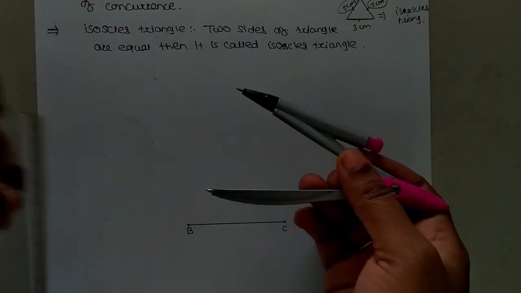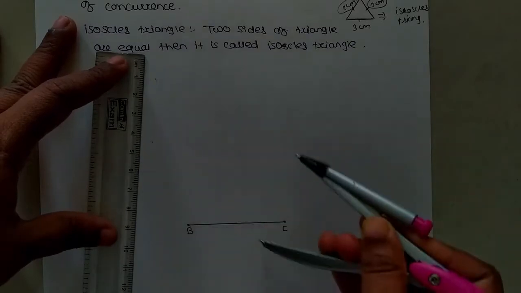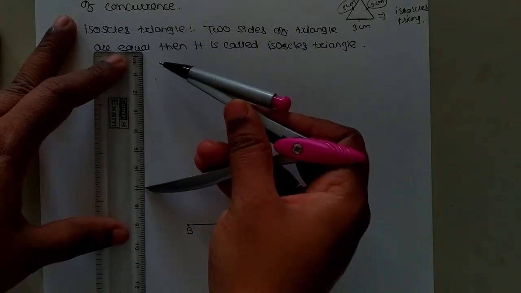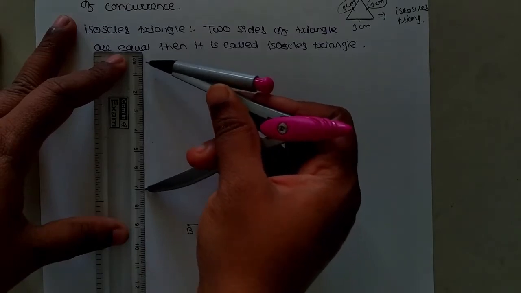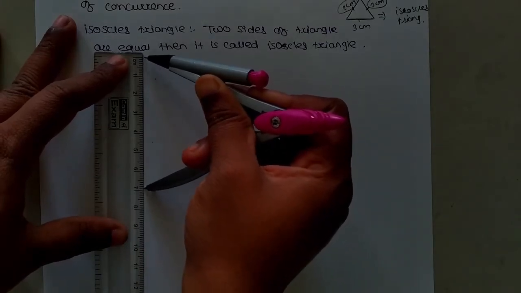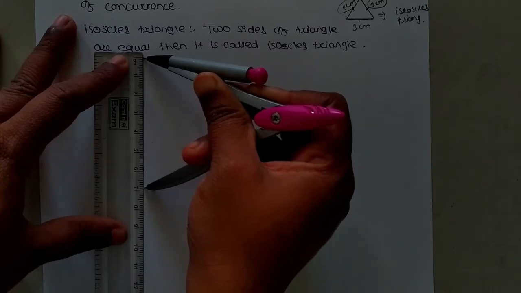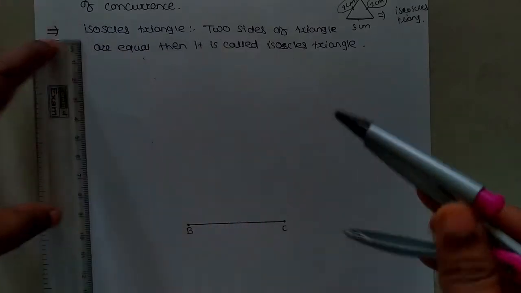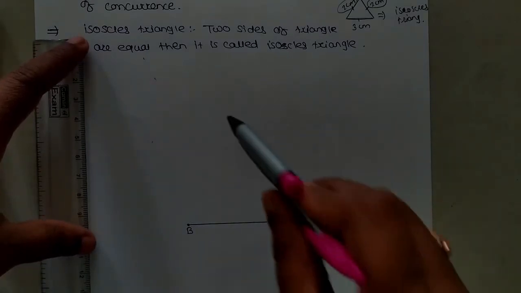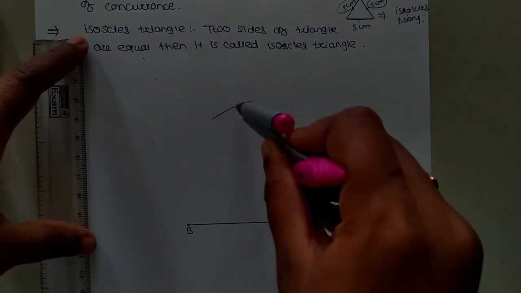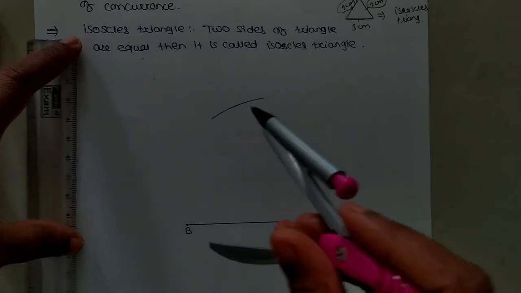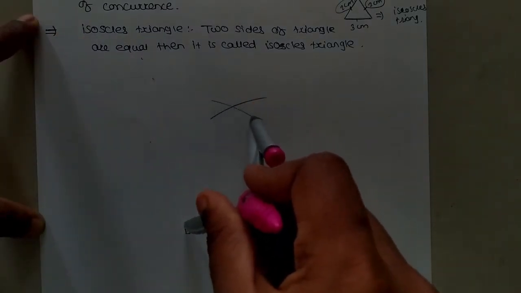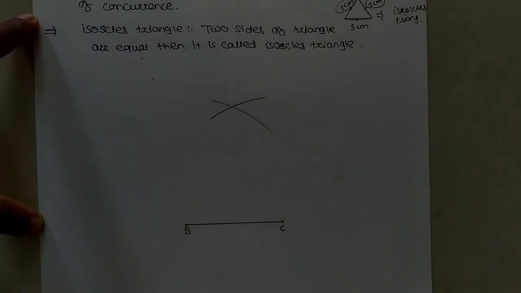Suppose I want to take somewhat more measurement because the base is already 5 centimeter. Suppose I take 7 centimeter. Then draw one arc here and one arc here. Clear?